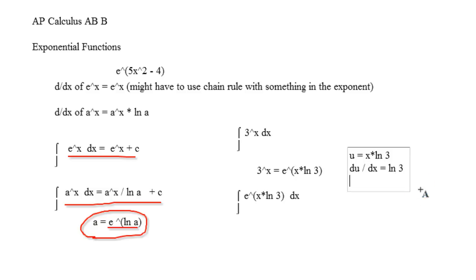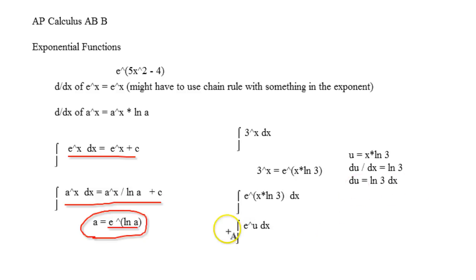Then I multiply both sides by dx, and du becomes the natural log of 3 times dx. Now if you notice, I have no natural log of 3 in the integrand. All I have so far is the integral of e to the u dx.